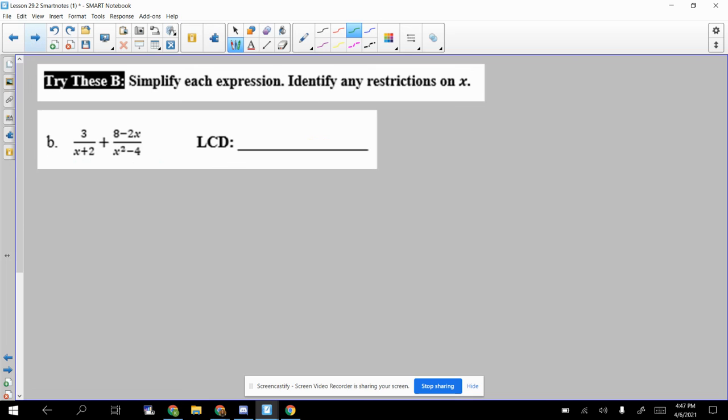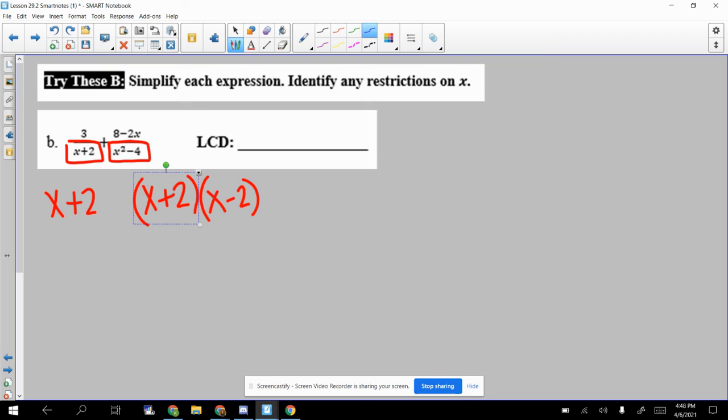Okay. But if we try another one like this, you have x plus 2 as one denominator and x squared minus 4 is the other. So x plus 2 is already factored. That one's good to go. X squared minus 4, that's a difference of 2 squares. So we can write that as x plus 2, x minus 2.